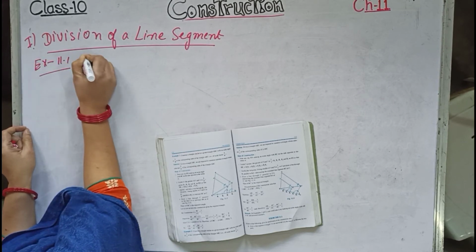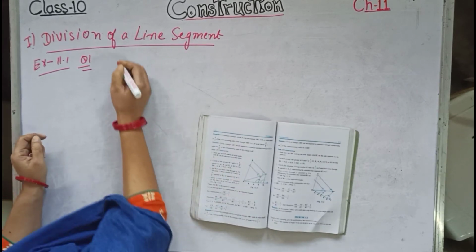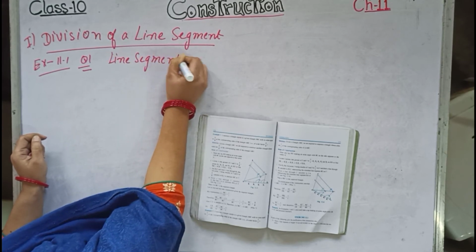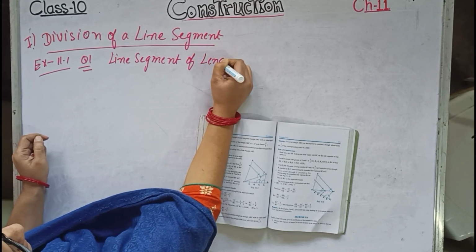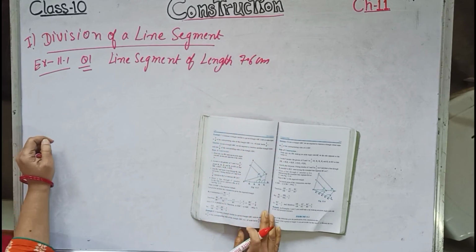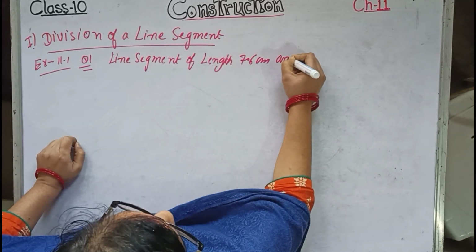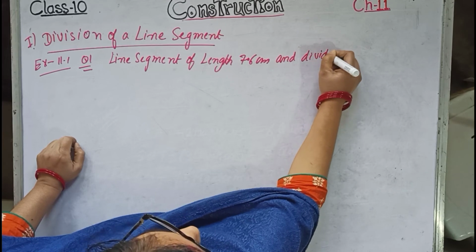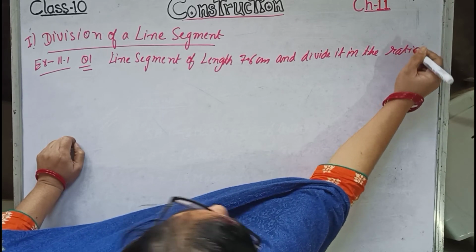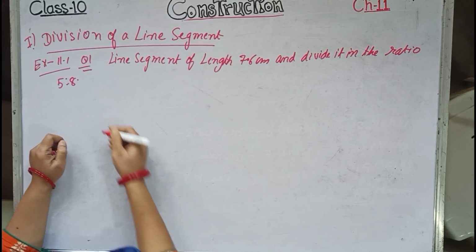The question is saying that draw a line segment of length 7.6 centimeter and divide it in the ratio 5 is to 8. Also measure the two parts.